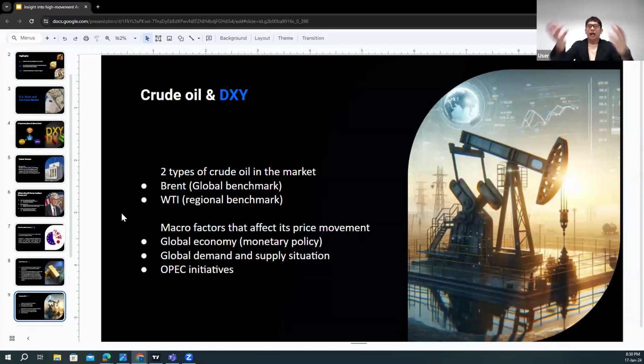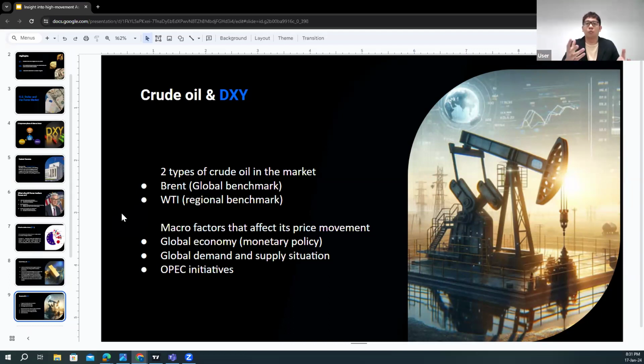So it is affected by macro factors, which are the global economy and monetary policy. Remember, just like I said, in general everyone is having inflationary pressure, inflationary risk. When all the major central banks have very high interest rates, they have a restrictive monetary policy, and what they do is discourage economic activities.